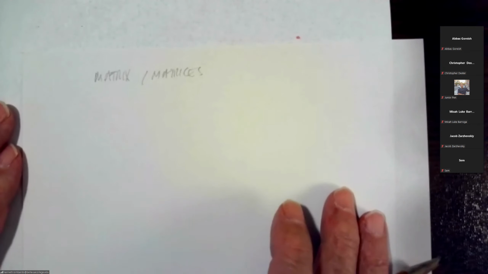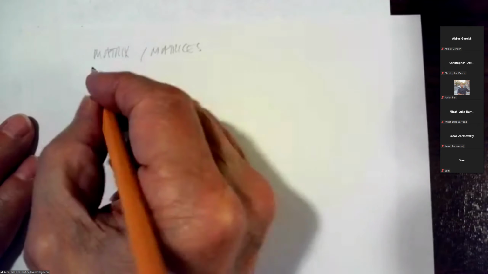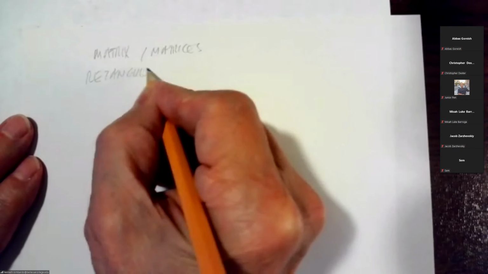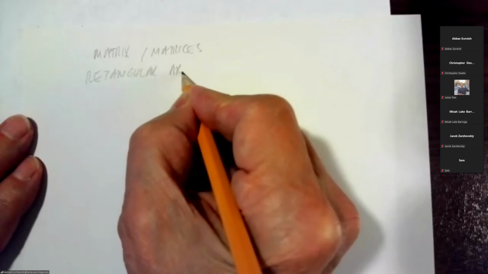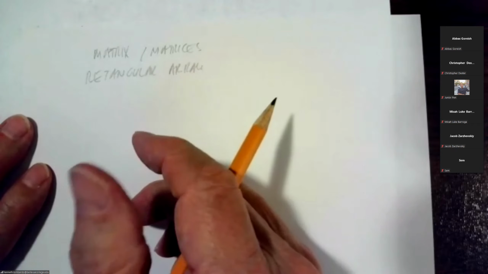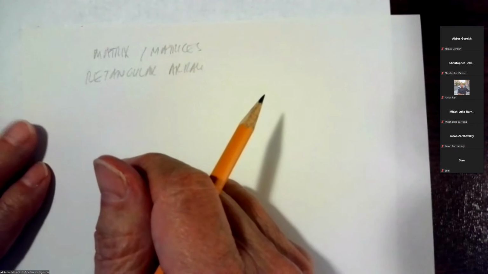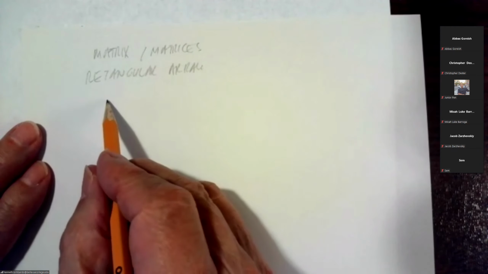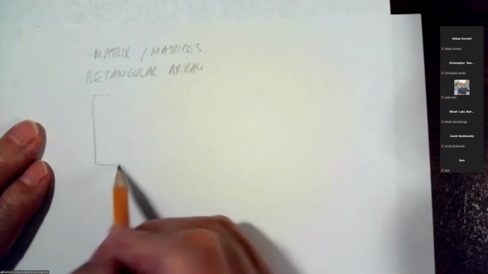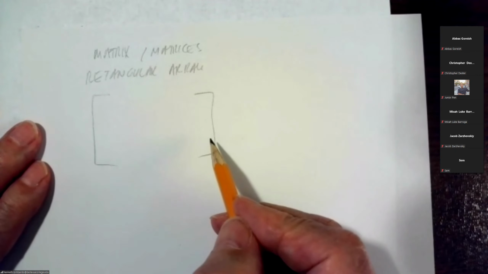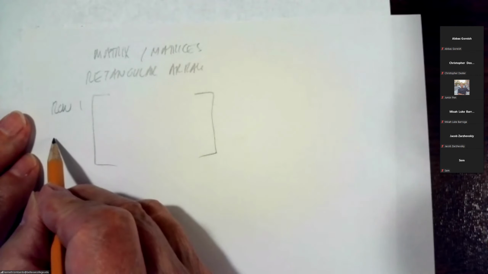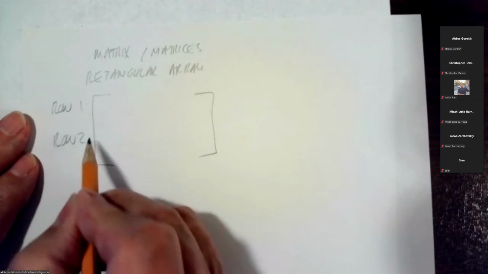And a matrix really is just a rectangular array. And the information in the matrix is arranged in rows and columns. So if I said, here's a rectangular array, then this might be row 1, and maybe this is row 2.